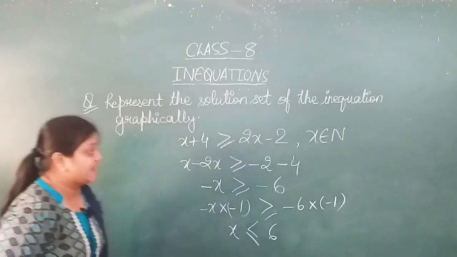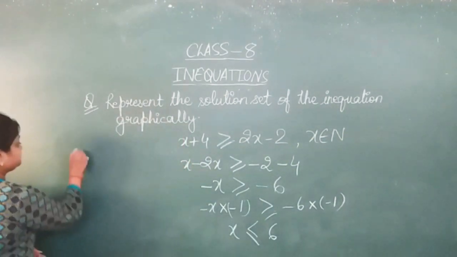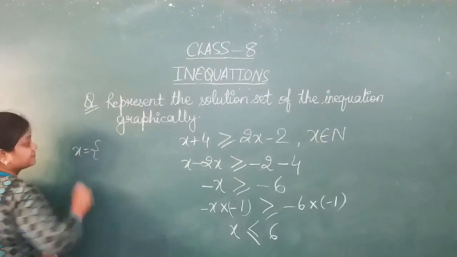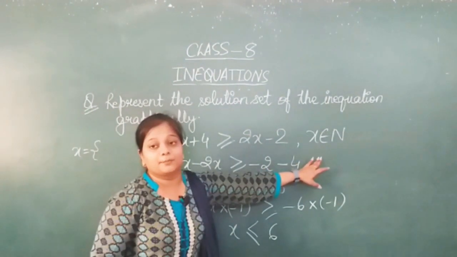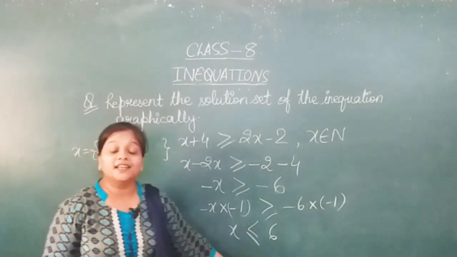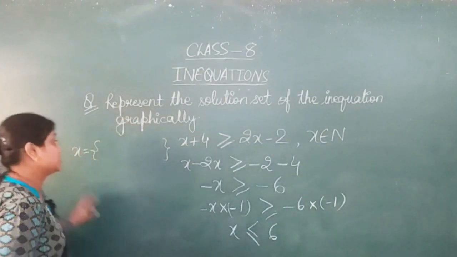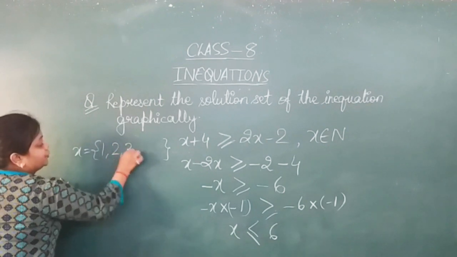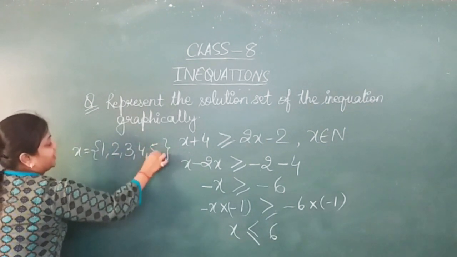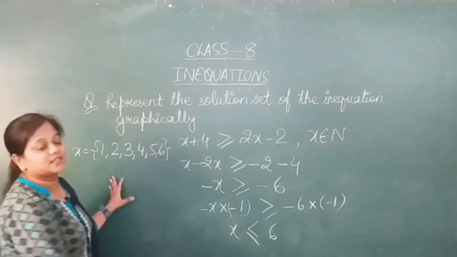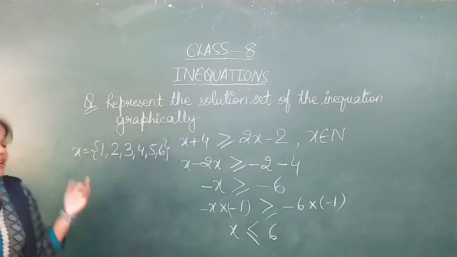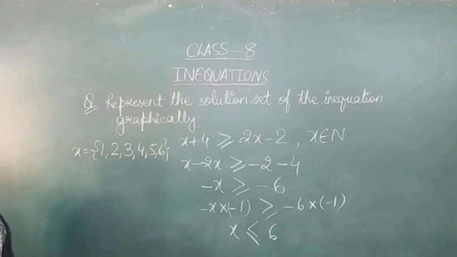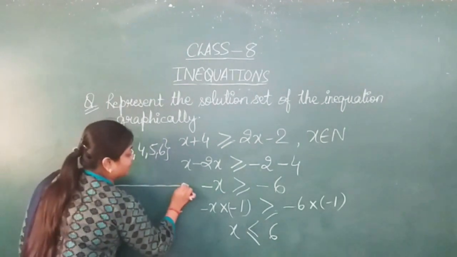So our solution set will be: x is a natural number and x is less than and equal to 6 means 1, 2, 3, 4, 5 and 6 is the solution set of this equation. Now we have to represent it on number line. So firstly we will make one number line.